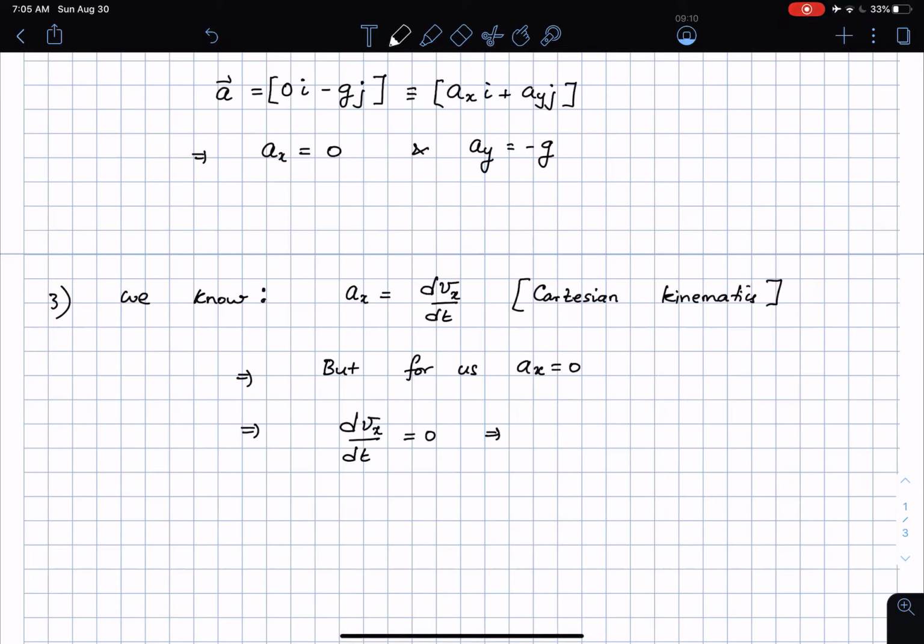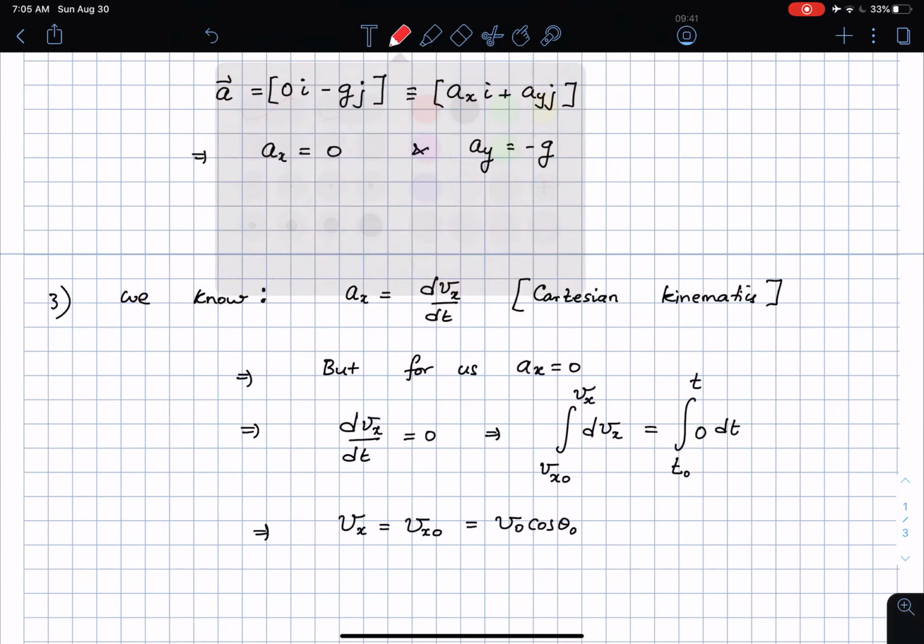If I do the integration, the integral of dvx is the integral of 0 dt. I'm going to start with some initial velocity and go to some velocity in the x direction, starting with some initial time t naught, and at some point in time t. The integral of 0 is going to be 0, and so I'm going to end up having Vx is equal to Vx naught, which is V naught cos theta naught.